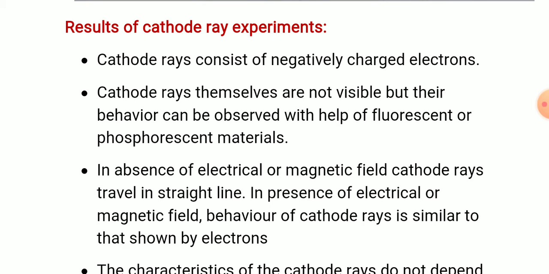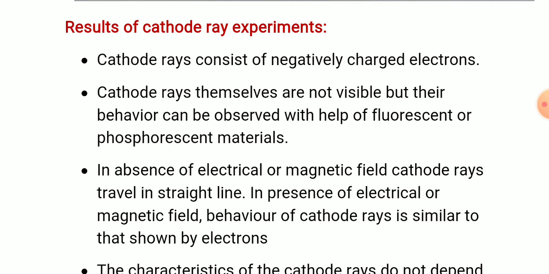That's why the charge of the particles present in cathode rays is negative. That is, cathode rays consist of negatively charged electrons, and that's why they were attracted towards the positively charged electric field.